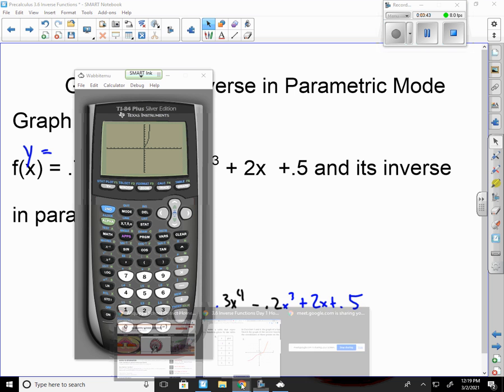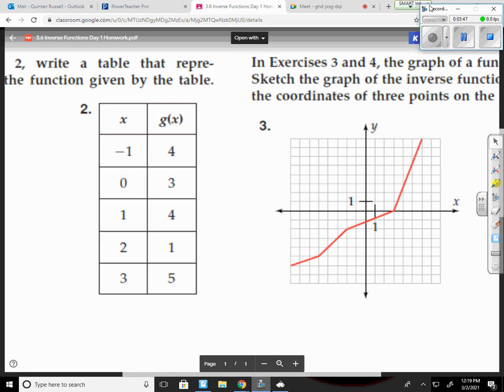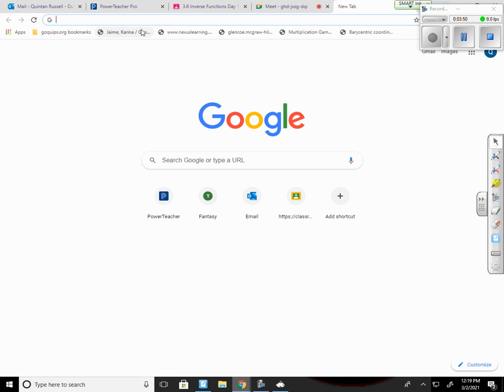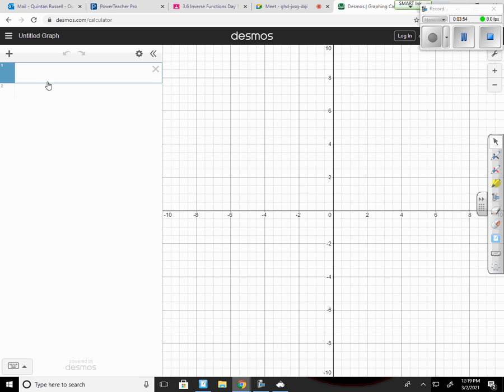Now I'm going to show you how to graph that on Desmos. So if we just go into Desmos now, you're going to treat it like you already know what the parametric version is.